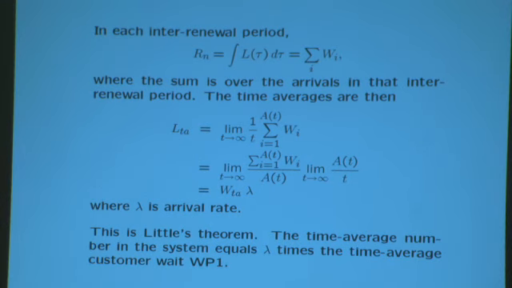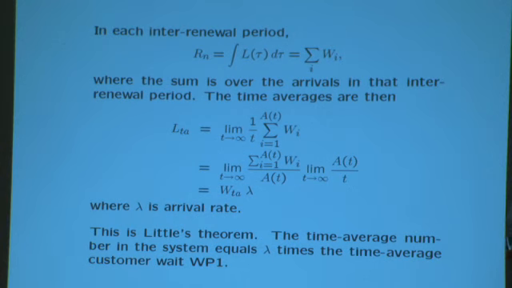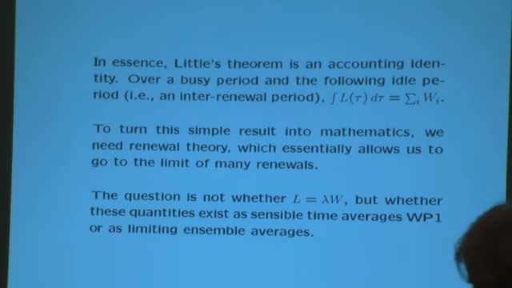This is the time average. Okay, so we have Little's theorem, useful in many situations. It's useful as an approximation in many places where it doesn't hold. But the right way to look at this is it's really an accounting identity.